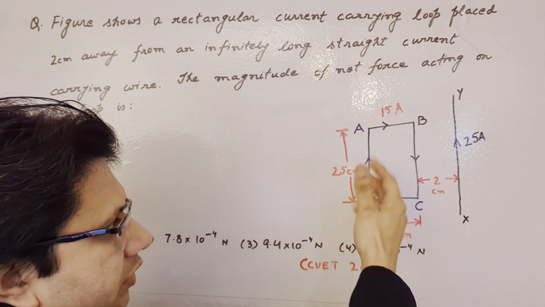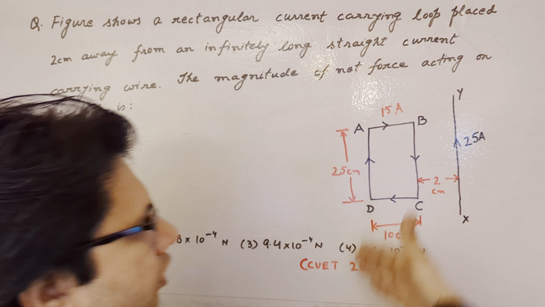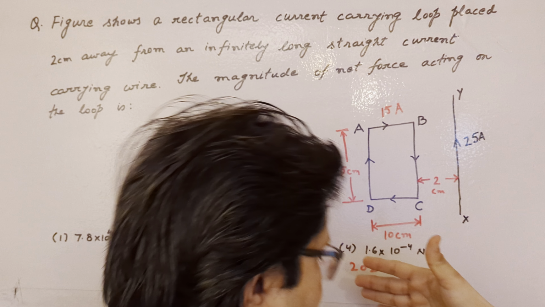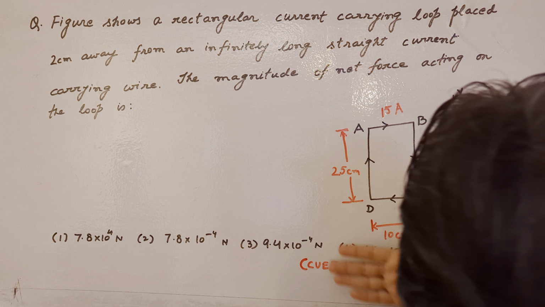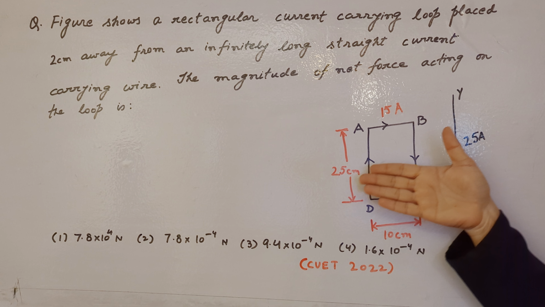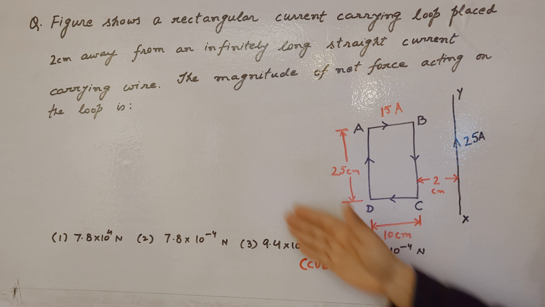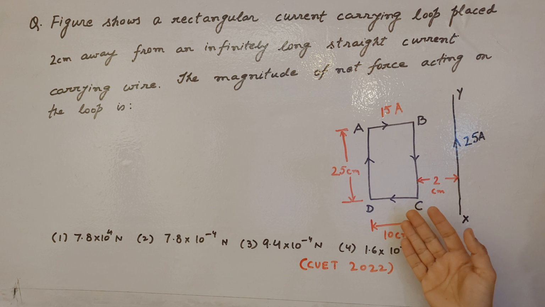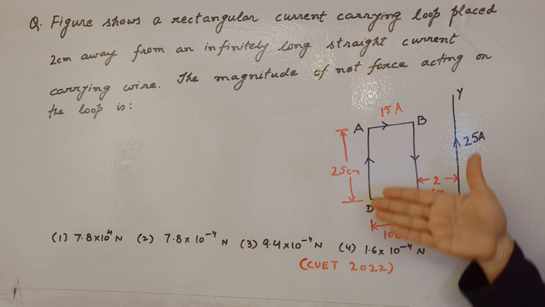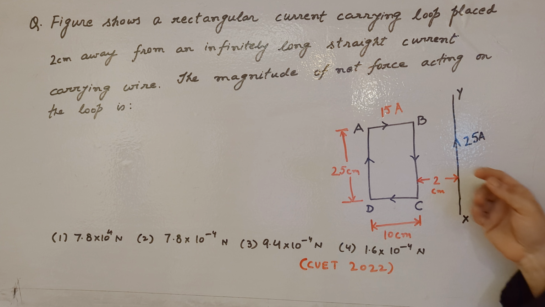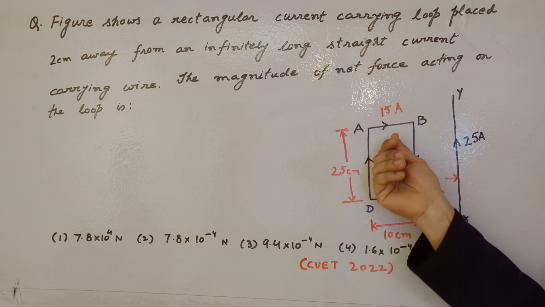To know the direction, we can use the right hand rule, the palm rule. Place your thumb along the direction of current and the fingers pointing towards the region where we want to calculate the direction of the magnetic field. If we place like this, then the direction of the magnetic field is outwards.